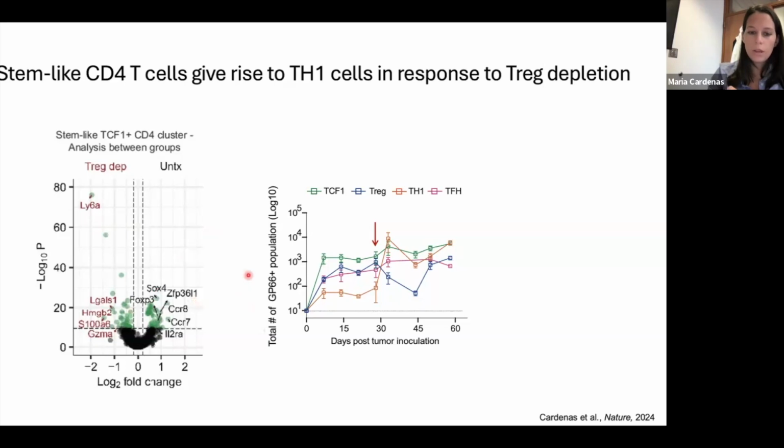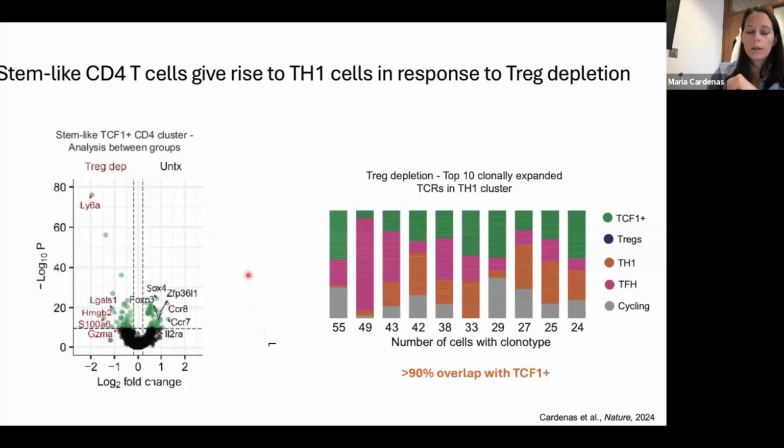And if we look a little bit more at the relationship between the stem-like population and the Th1 cluster within that Treg depleted condition, we can tell that pretty much every clone that was in the top 10 expanded TCRs within the Treg depleting condition has both a stem-like population and a Th1 population.